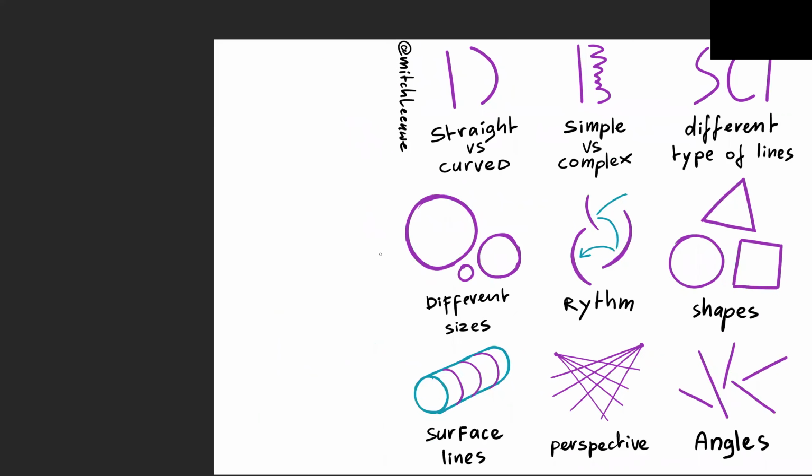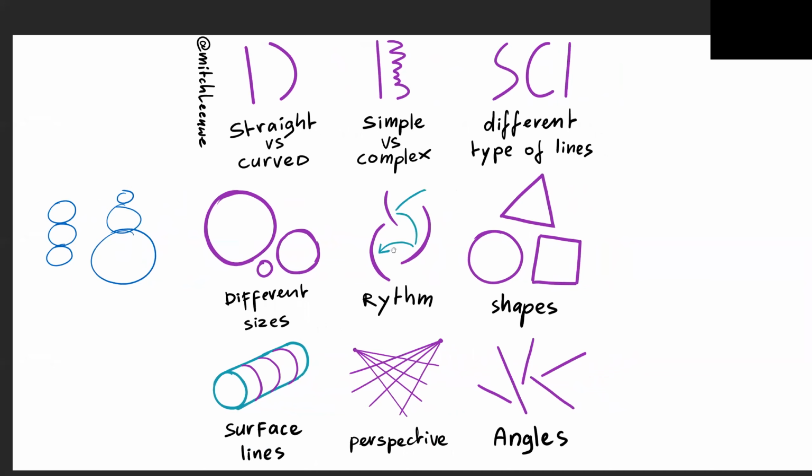Different sizes is also something I use to create interesting drawings. So for example, if you're drawing a snowman, don't draw the snowman like this, but draw him like this. That's more interesting. Rhythm.